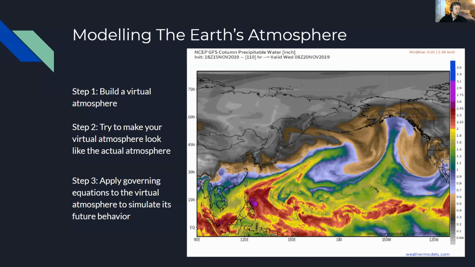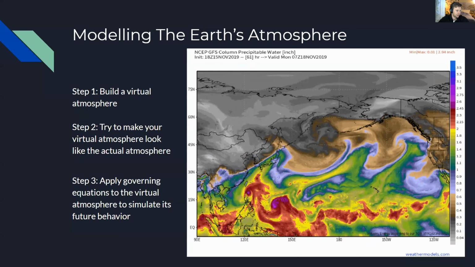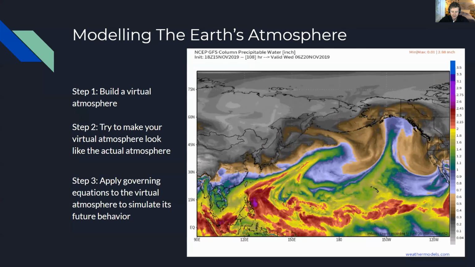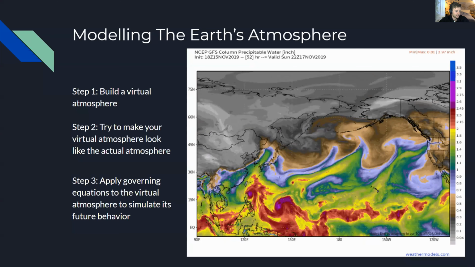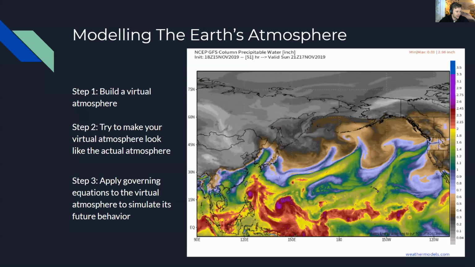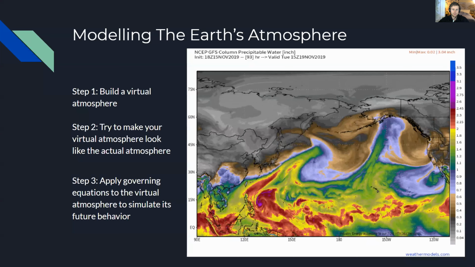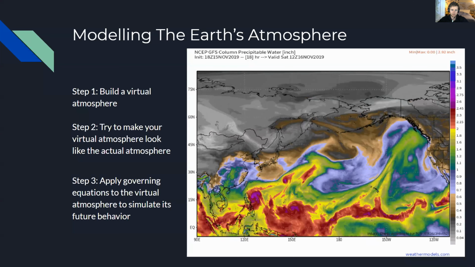So, all right, how are we going to go about making these predictions? Well, step one is to build a virtual atmosphere, right? We can't mess with the atmosphere, at least on the time scale of weather. So we're not going to change where these things are going. But we can create a virtual copy of the atmosphere that we're going to play around with in a sort of virtual sandbox.